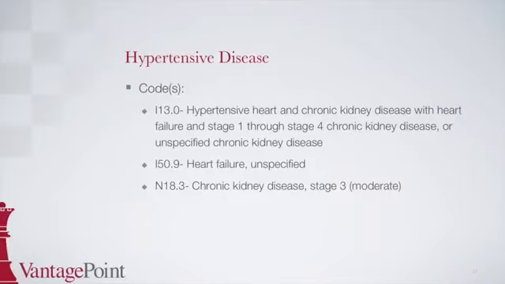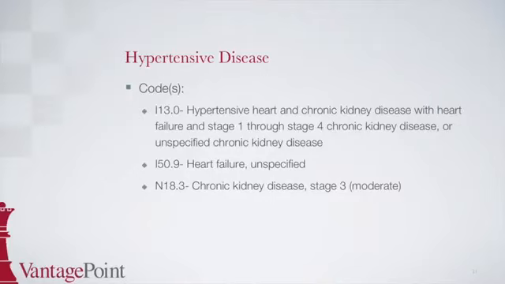When you confirm this code in the tabular, there are 2 notes which state, use additional code to identify type of heart failure, which is category I-50, and use additional code to identify stage of chronic kidney disease N18.1 through N18.4 and N18.9.